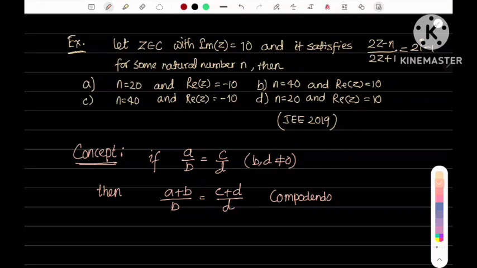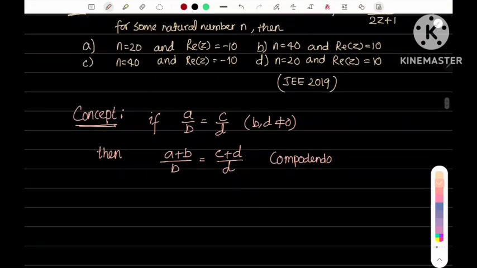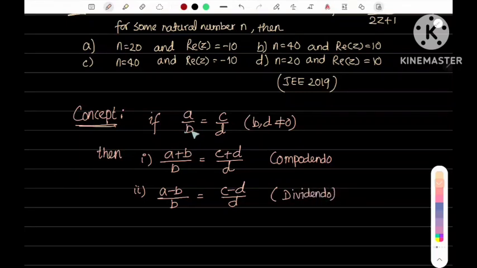Then A minus B divided by B will be equal to C minus D divided by D. This is called dividendo. So if A by B is equal to C by D, then this is true, and that is called componendo.